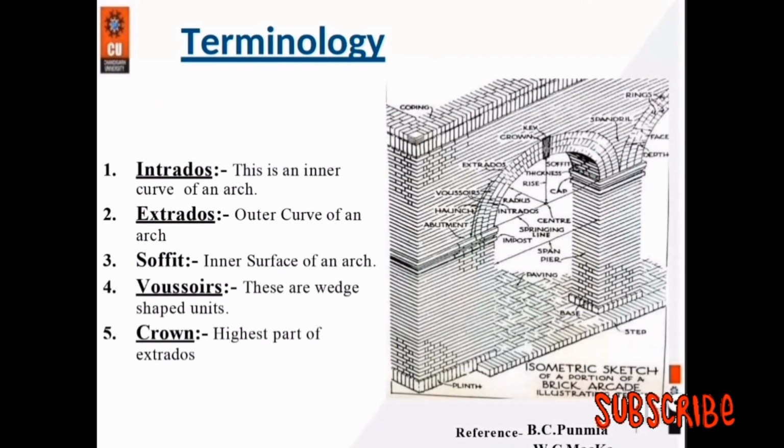So number one, intrados. What is intrados? This is the inner curve of an arch. If this is an arch, for example, then this inner curve is called intrados, and the outer curve is called extrados.